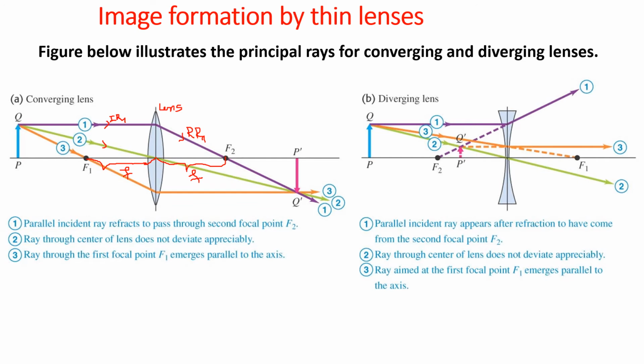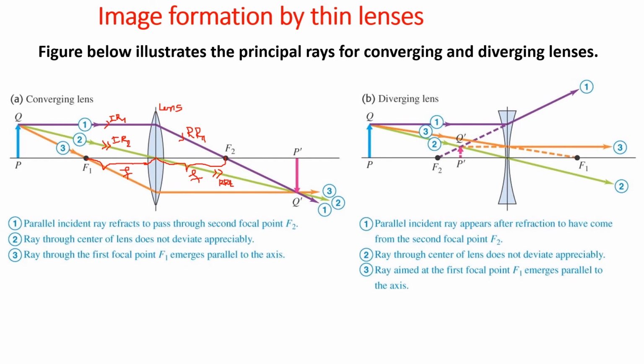This is incident ray number 2, which passes through the center of the lens and doesn't change direction after refraction. This is the refracted ray number 2.